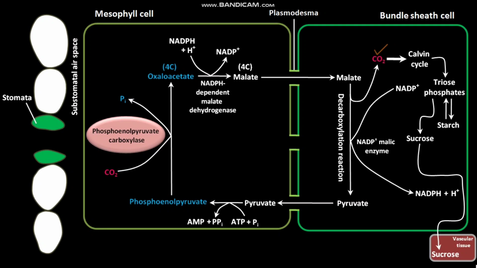This reaction is catalyzed by pyruvate phosphate dikinase. In this video, molecules written in blue color are present in the cytosol and the molecules written in white color are present in the chloroplast stroma.